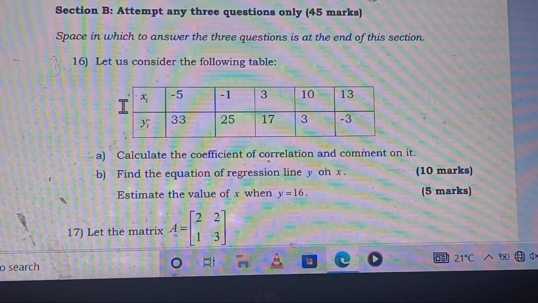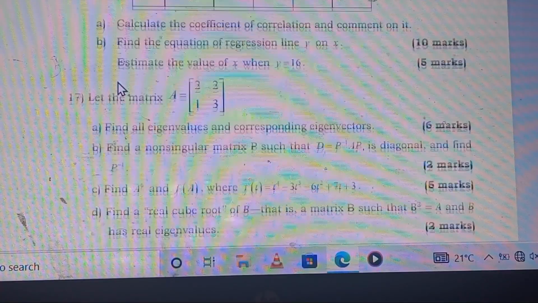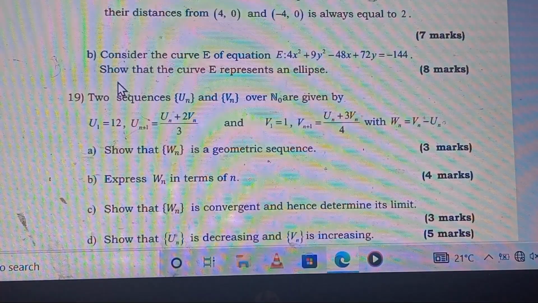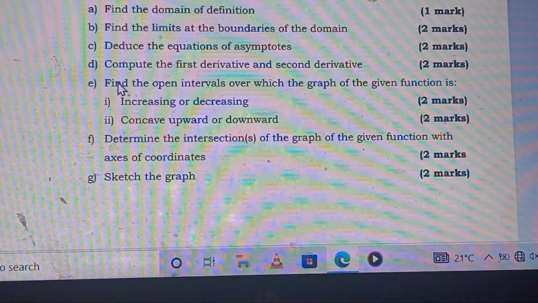Then Section B consists of 5 questions, of which you attempt 3 only: 16, 17, 18, 19, 20. So let us continue with the marking guide for each question, step by step, with explanation.